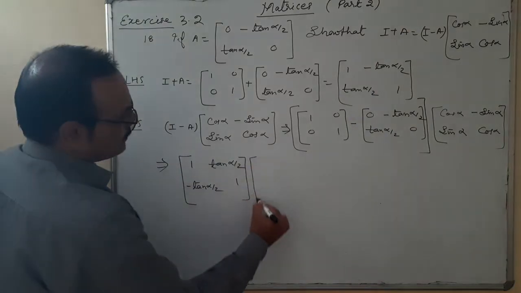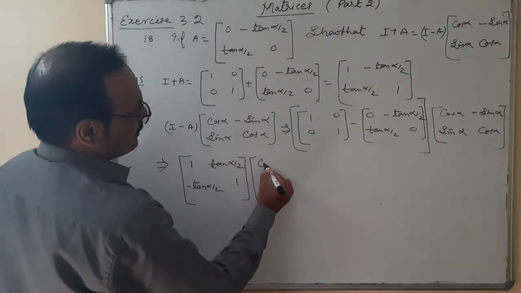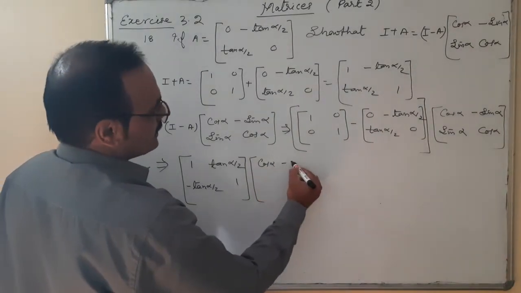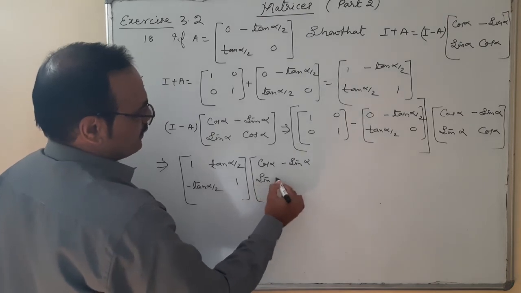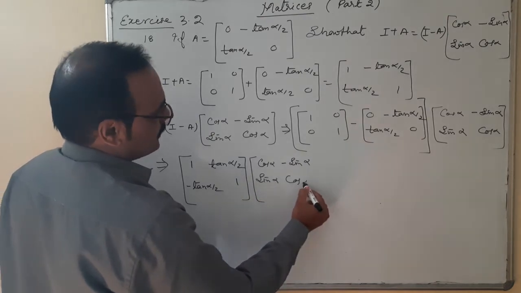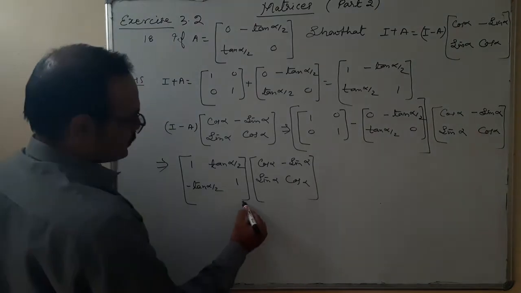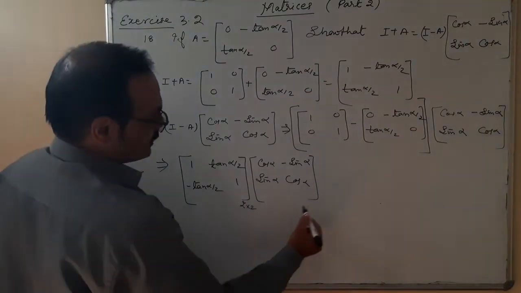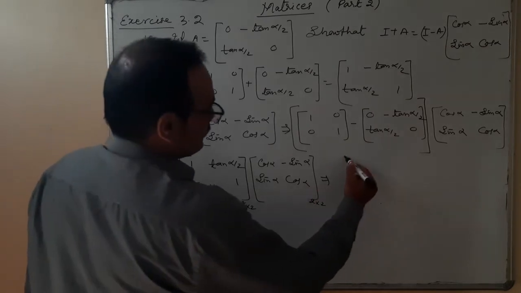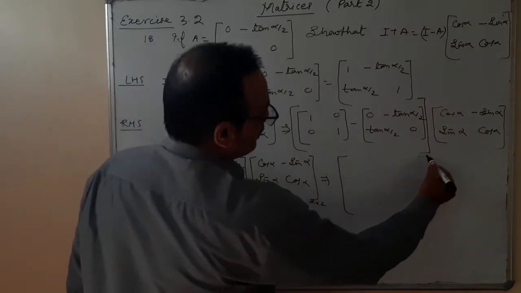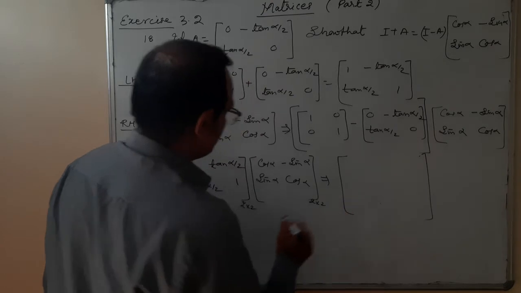Which is multiplied by cos alpha, minus sin alpha, sin alpha and cos alpha. 2 cross 2 and 2 cross 2, multiplication is possible. We will get the result in the form of 2 cross 2.